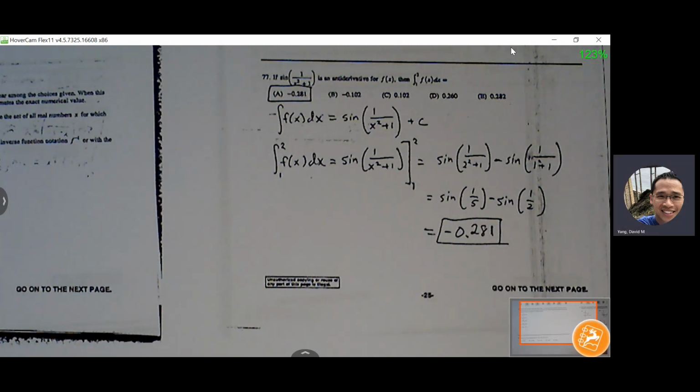So once I get to sine 1/5 minus sine 1/2, yeah, the calculator can do the work for you. Okay.